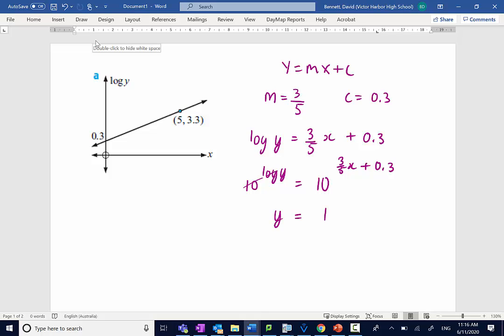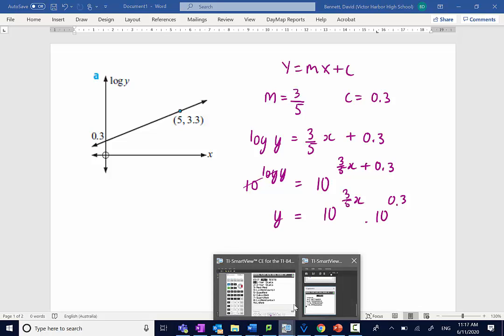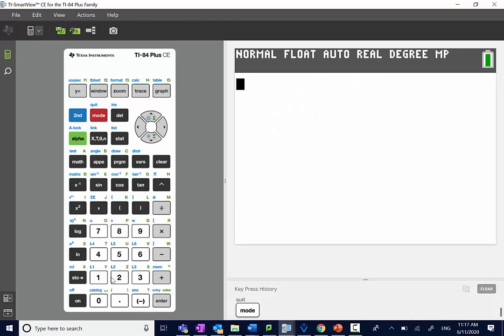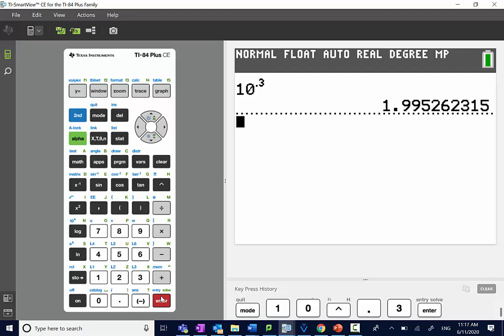And now we're going to use our indices laws. So I can separate those, because when we're adding, what we're really doing is timesing things to the base power of 10. And so I could go to my calculator and maybe write this slightly differently. If I have 10 to the power of 0.3, I wonder what that works out to be. 1.995, well, I'm going to say it's close enough to 2 in this particular case.